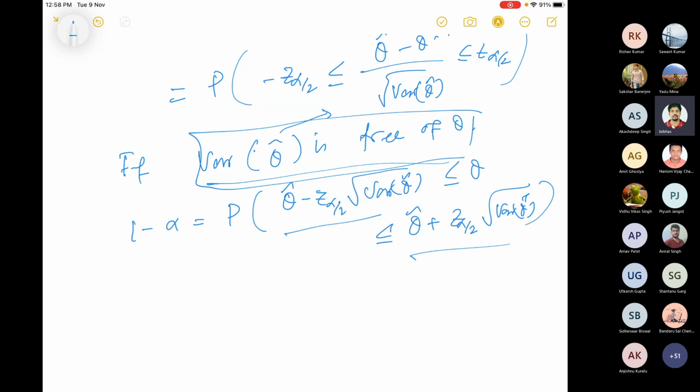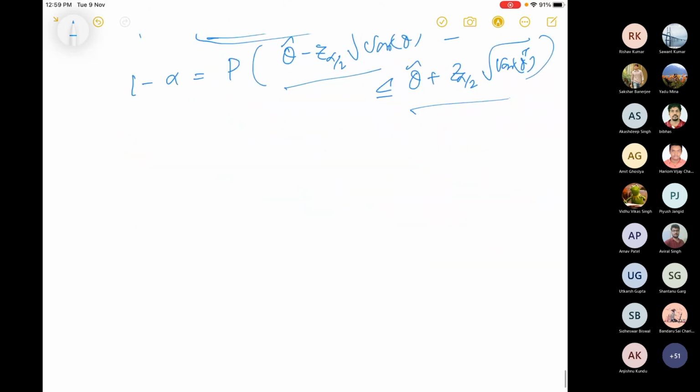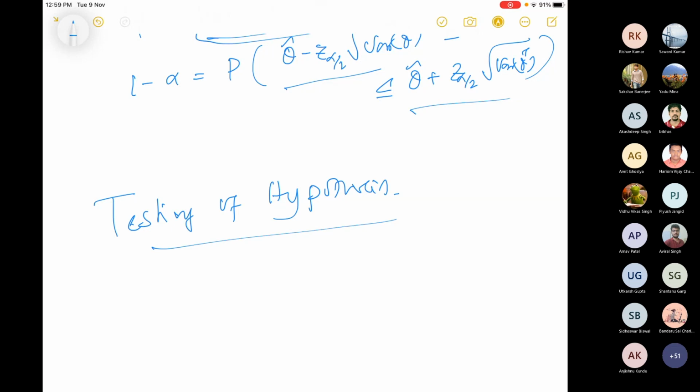Now let me say something quickly about testing of hypothesis. Hypothesis, what is that? Let me give you an example to understand what we have done and what is next to be done.